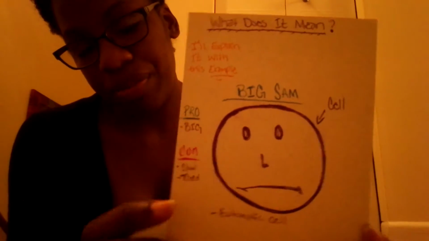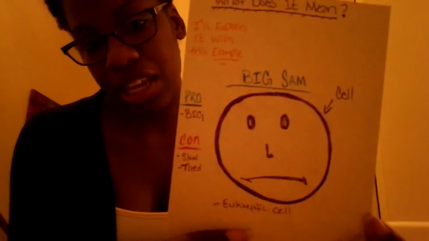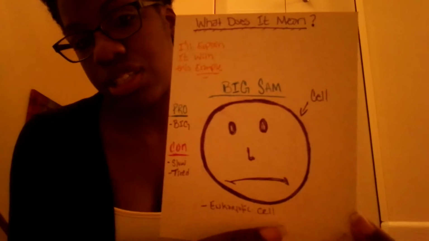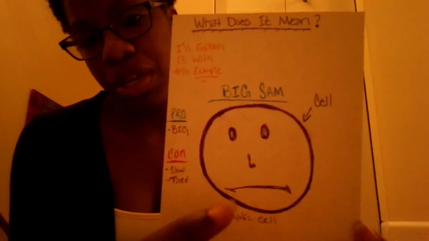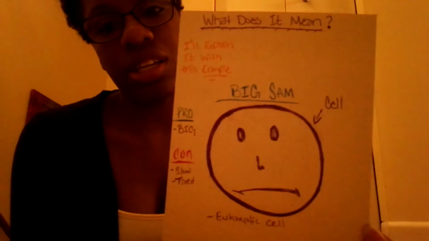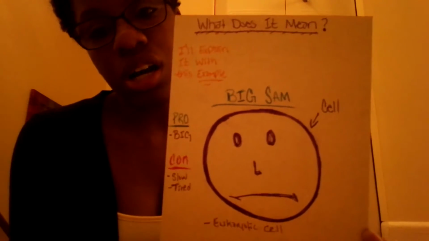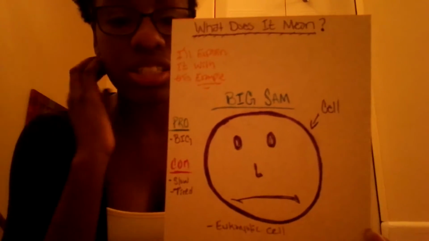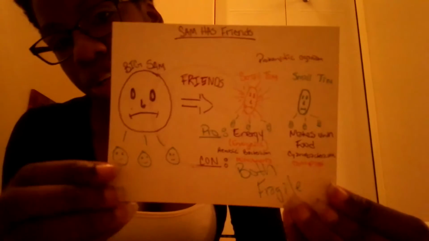You have right here Big Sam as an example. Big Sam is your eukaryotic cell. It is just a big, huge cell. The pro of this cell is that it is big, but the con of this cell is that it's slow and tired.